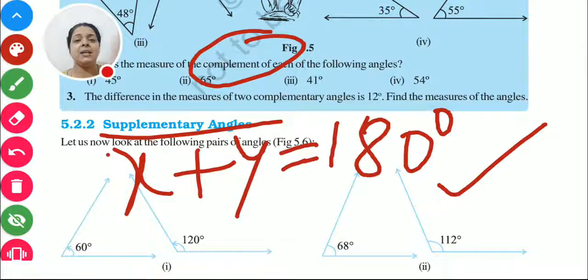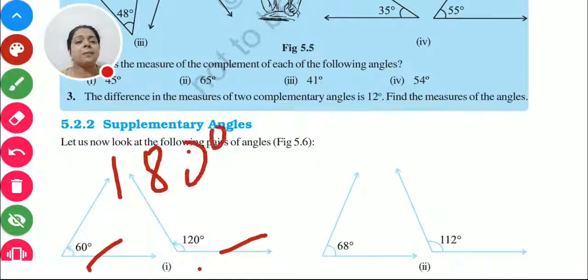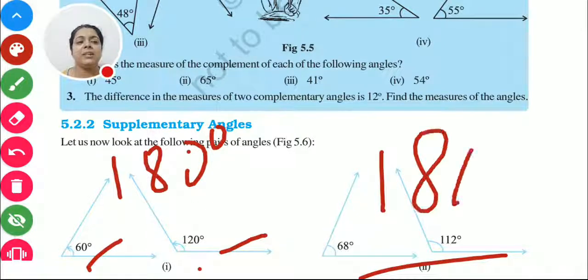So let's see how we can find whether two angles are supplementary or not. Here you just see 60 and 120. When you add them up, you get 180 degree. Then comes 68 and 112. Again it forms 180 degree. So what do we find? When two angles are added together and make 180 degree, they form a supplementary angle.